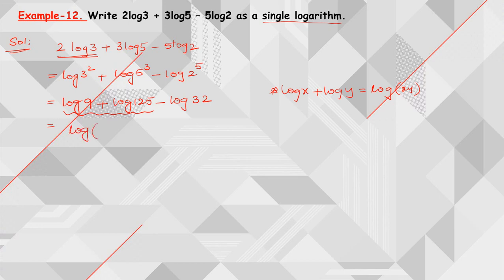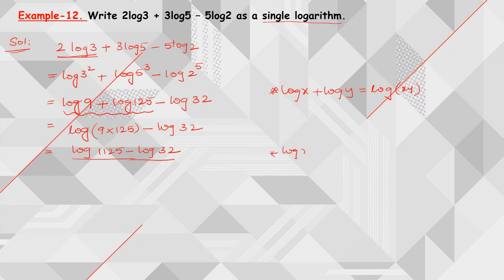Understood? So this I can write as log of 9 into 125 minus log of 32. Now log of 9 into 125 I can write as log of 1125 minus log 32. Again, if you observe, this is in the form of log x minus log y.